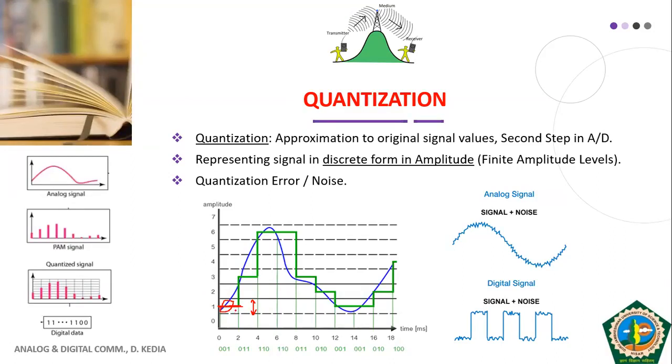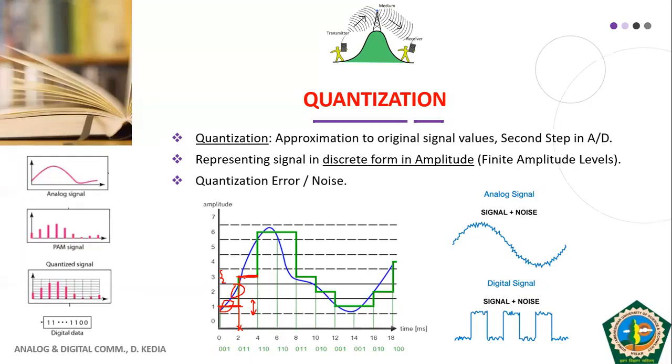Then as my original signal value changes, in the next level, say my original signal lies in this range. I am sampling at this instance, and the value of the signal at that instance lies in this level range. In that case, I will consider the center value of that level as my finite amplitude level.